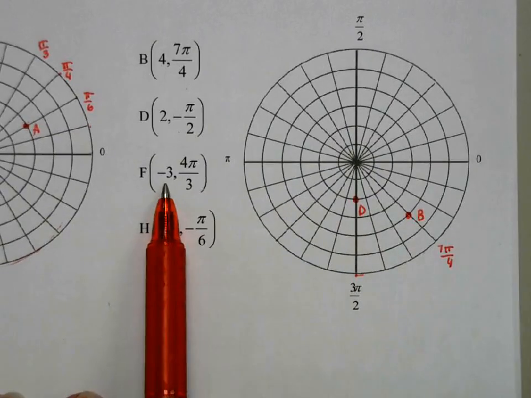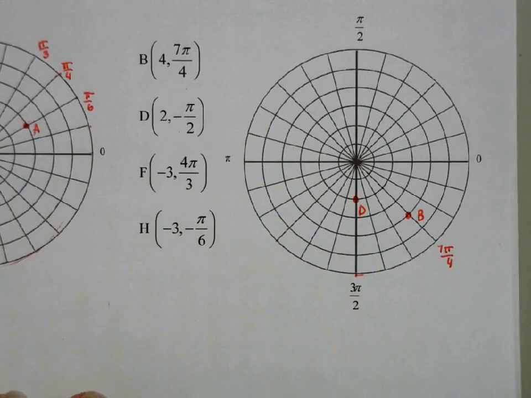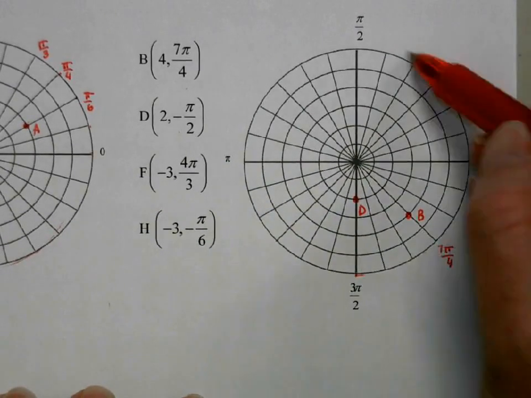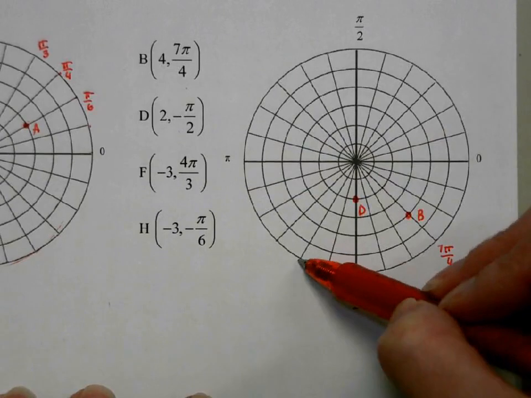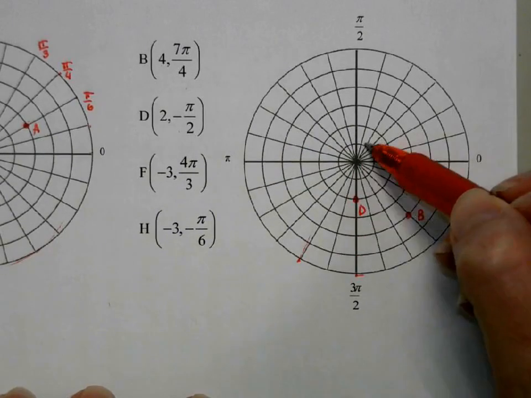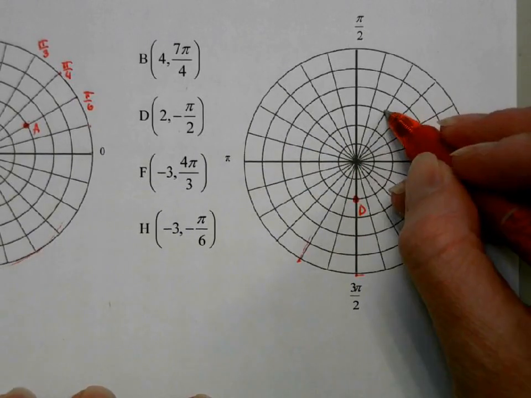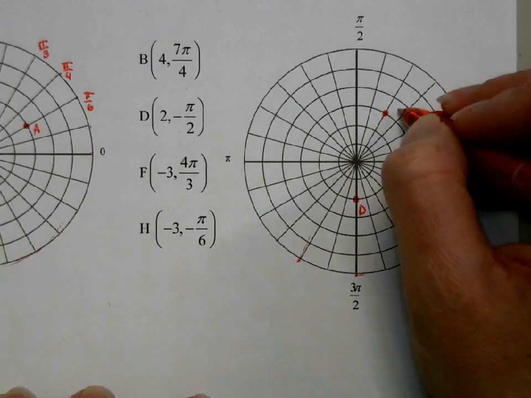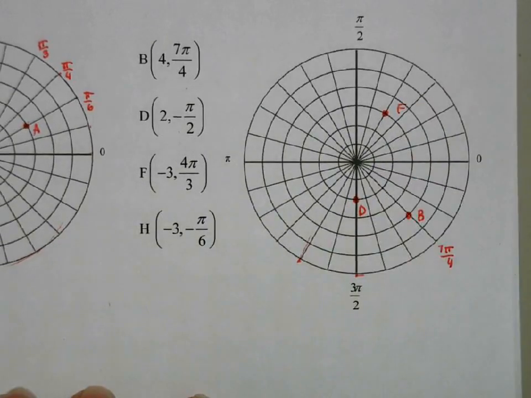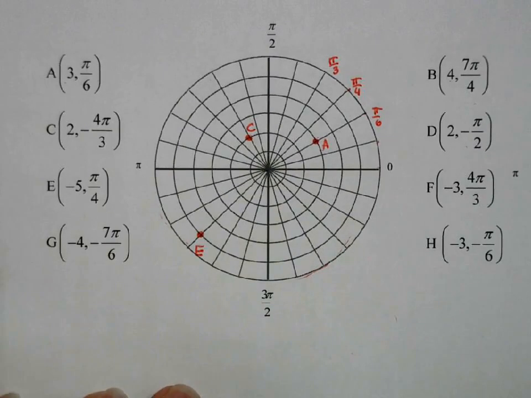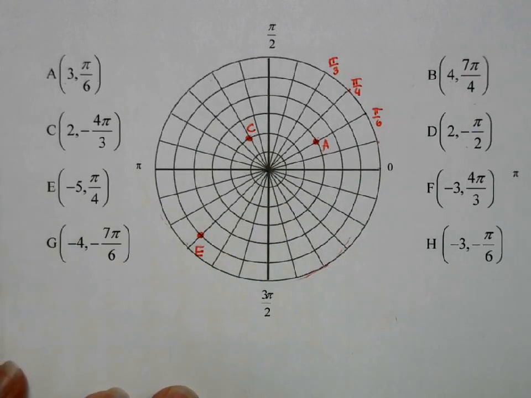Okay, so next we have negative 3, 4 pi over 3. So if I go find 4 pi over 3, that's down here, and then I'm going to go through to the other side of the pole to the 3. Last is a negative r and a negative theta: negative 4, negative 7 pi over 6. Again, two different methods.